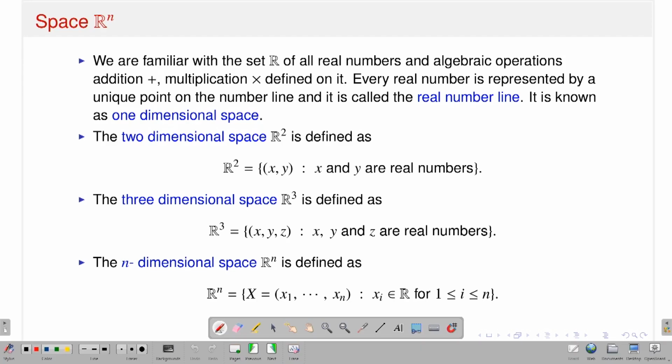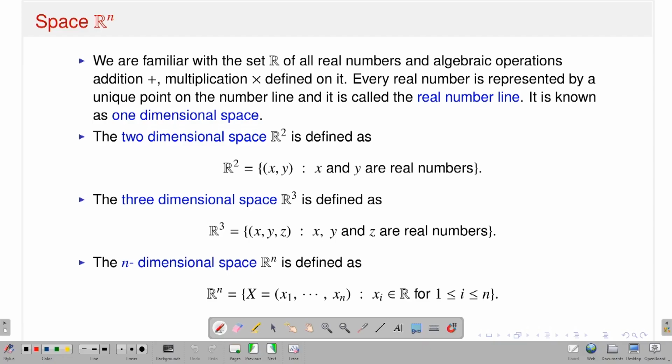If the dimension n is greater than 1, the elements of Rn are called vectors. They are denoted by capital letters or boldface letters in books. While writing on paper, we prefer to use capital letters for vectors. At school level, you might have used the arrow symbol above the letter to denote vectors.